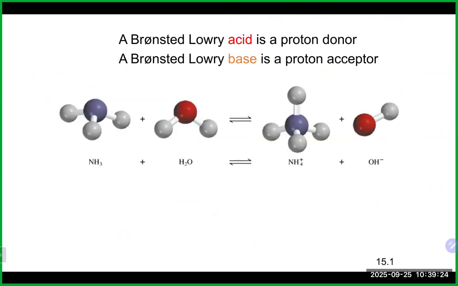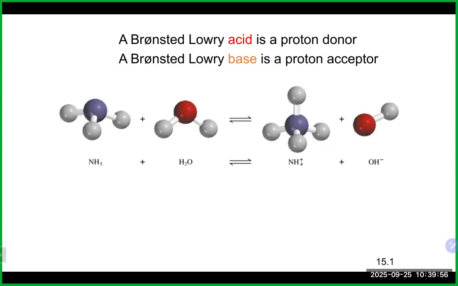Now, this was a good definition for acids and bases, the Arrhenius definition, but it was really limited. He did a lot of work with bases that contain hydroxide in them. And as we saw there with ammonia, bases don't necessarily have to have hydroxide in their actual formula. So a more general definition of an acid and base, the one that most people deal with, is the Bronsted Lowry definition.